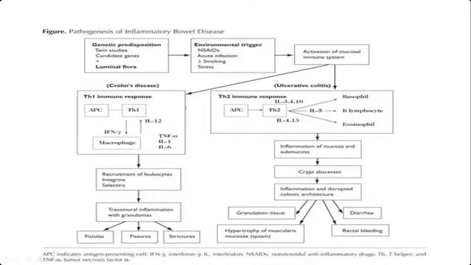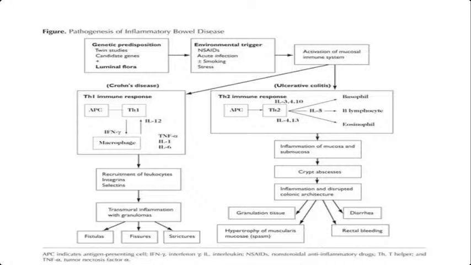And this is the cascade, so to speak, that happens. You can see there's a slight difference in where it starts for both Crohn's disease and ulcerative colitis. So the cascade further down is slightly different, but the end result is really inflammatory bowel disease.